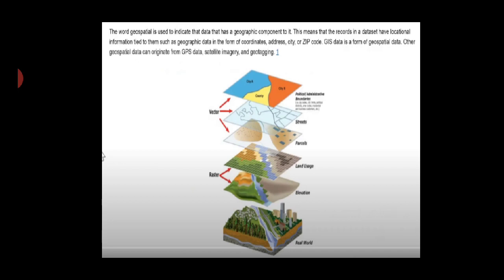Other geospatial data can originate from GPS data, satellite images, and geotagging. So these are the two different raster models, and these are the three different types of vector models. When we combine both vector models and raster models, we get the required geospatial data.